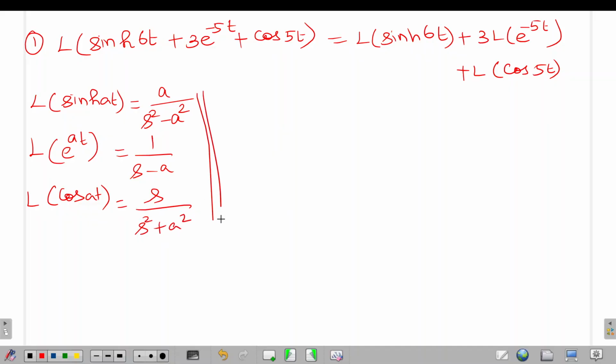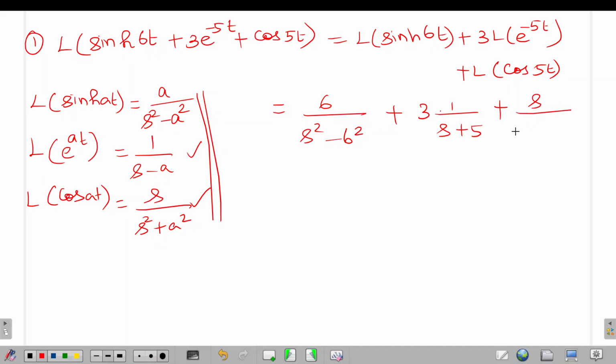Using these, the Laplace transform of sinh 6t, substituting a equal to 6, is 6 divided by s square minus 6 square, plus 3 times, substituting a equal to -5 in this formula, 1 by s plus 5, then plus, substituting a equal to 5 in this formula, the Laplace transform of cos 5t as s by s square plus 5 square.